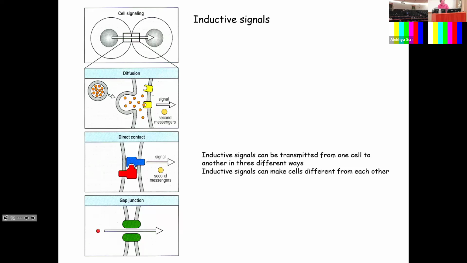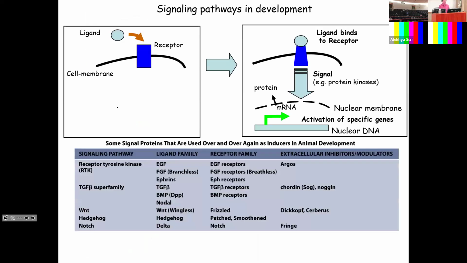Diffusion, for example, at the axon terminal, the release of some vesicular aggregates or vesicular proteins that will diffuse into a neighboring cell. So these were all concepts that were discovered 100 years ago or more than that.